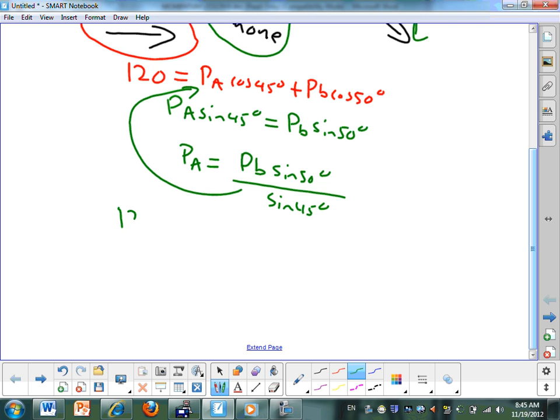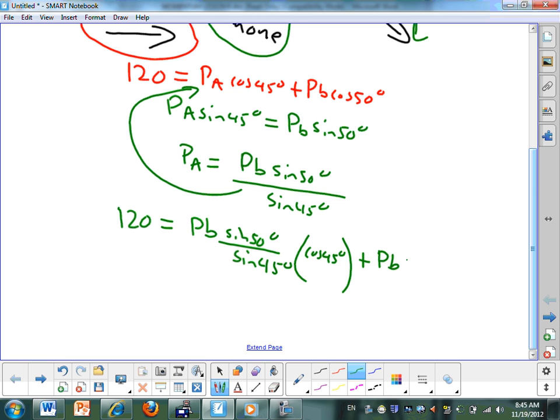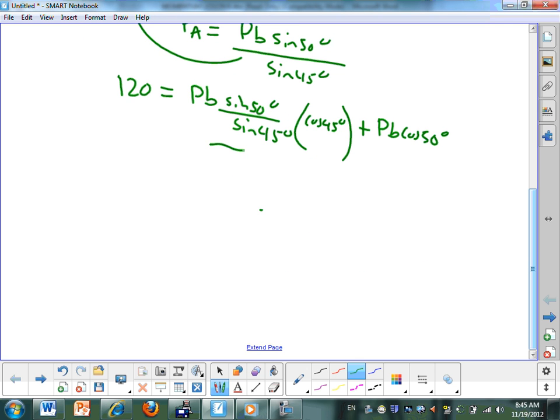So I have 120 equals PB sine 50 over sine 45 times cos 45 plus PB cosine 50. Now, as scary as these chunks may seem, they're just numbers.